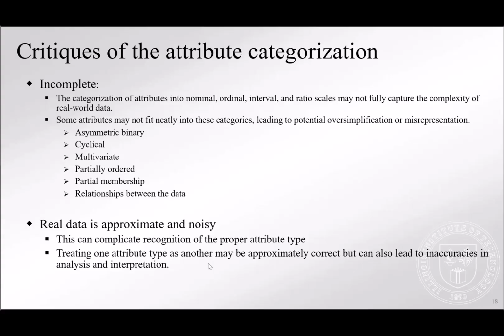Is that temperature reading interval or ratio? Well, if the thermometer, for example, is slightly miscalibrated, does it matter? Sometimes yes, sometimes no. Right? So this leads to a practical challenge. Treating one attribute type as another may be approximately correct, but can also lead to inaccuracies in analysis and interpretation.